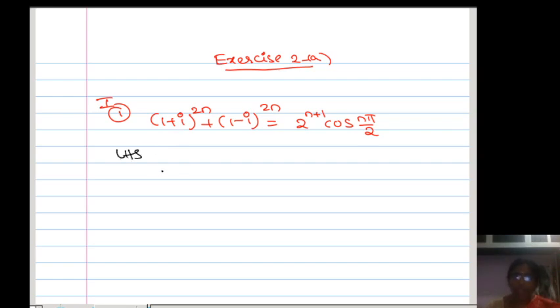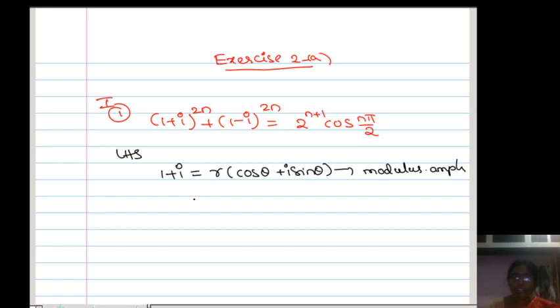1 plus i can be written in the form of r into cos theta plus i sin theta. This is called the modulus amplitude form. Already in the first chapter we discussed how to convert any complex number into modulus amplitude form. So I want to convert this.